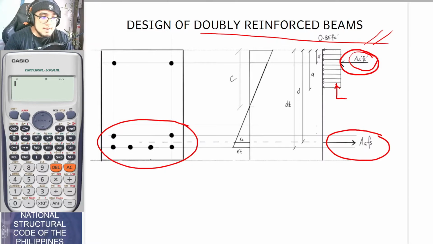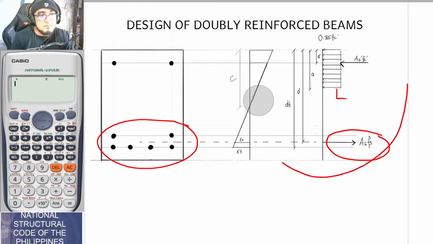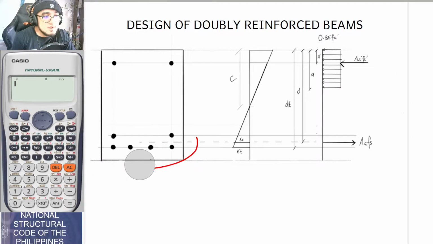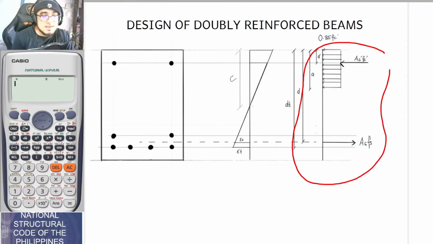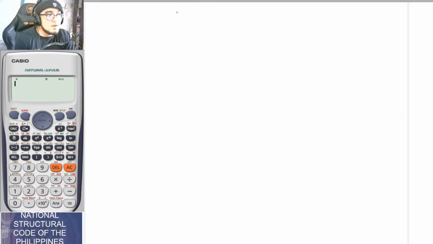So once again, guys, the design is very straightforward if you already know this stress diagram. And if you have already watched the previous video lecture that I have posted, I have already included there this stress diagram into parts. So if we would be dividing this into parts, let's say that this is to be the first part, and this is to be the second part.